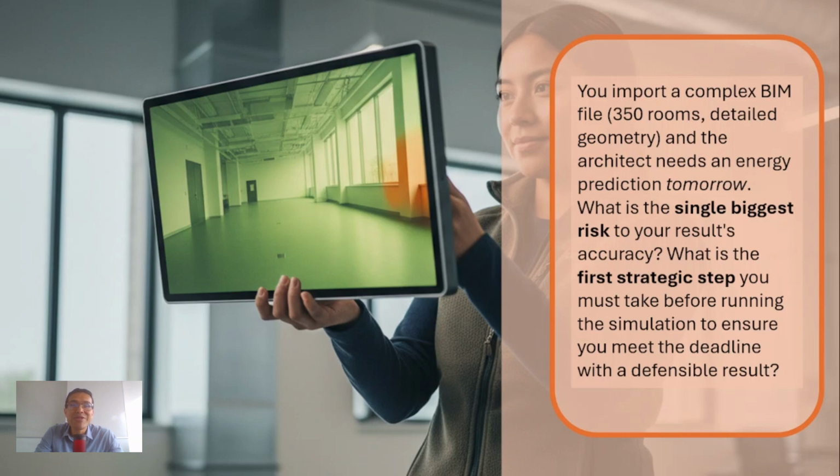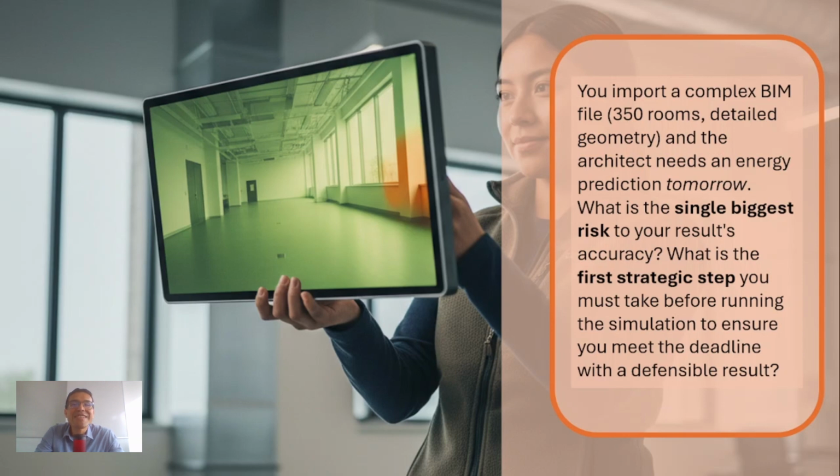Your software can import all 350 rooms, but if you hit run right now, you are taking a massive risk. What is the single biggest risk to the accuracy of your result? What is the first strategic step you must take to simplify that 350 room geometry into a defensible energy model?